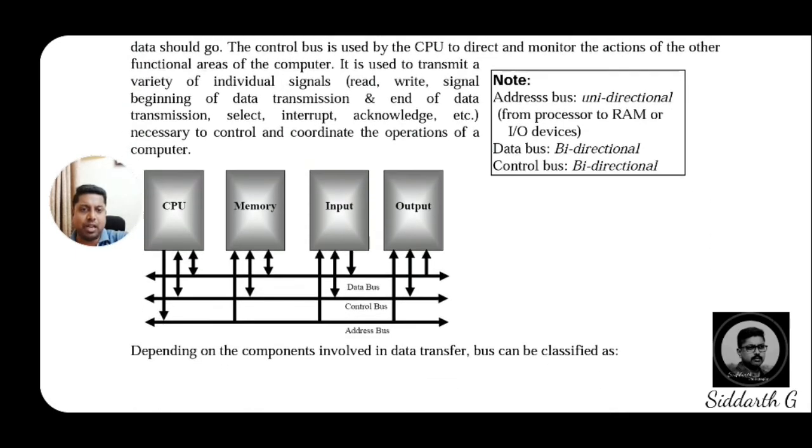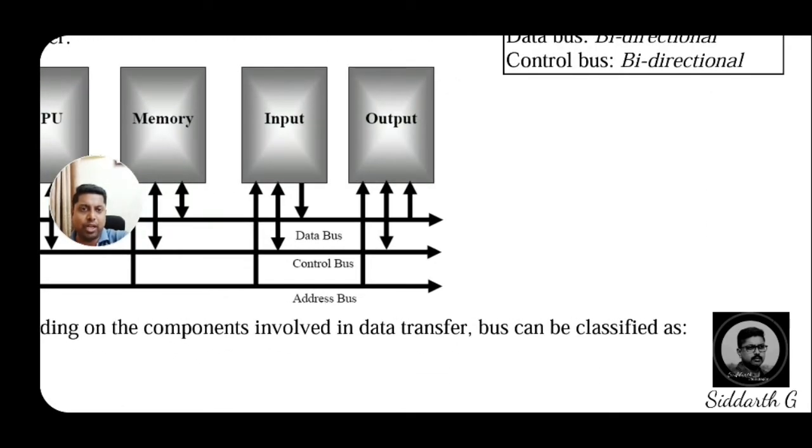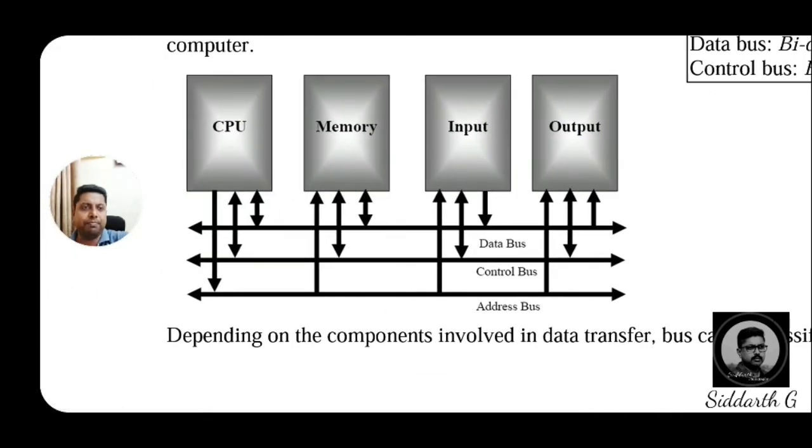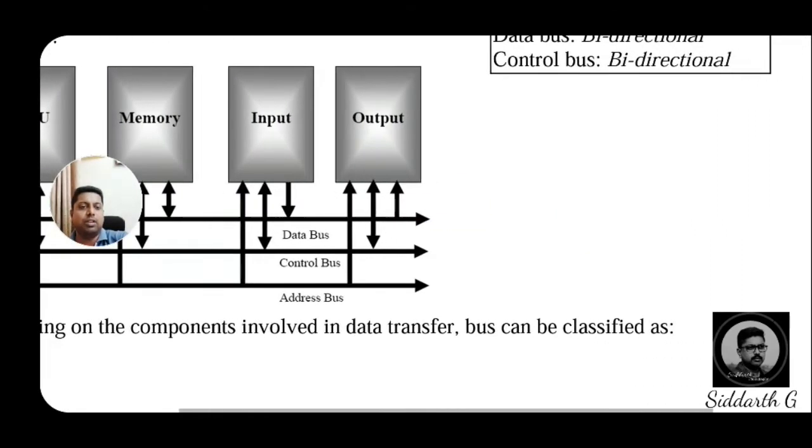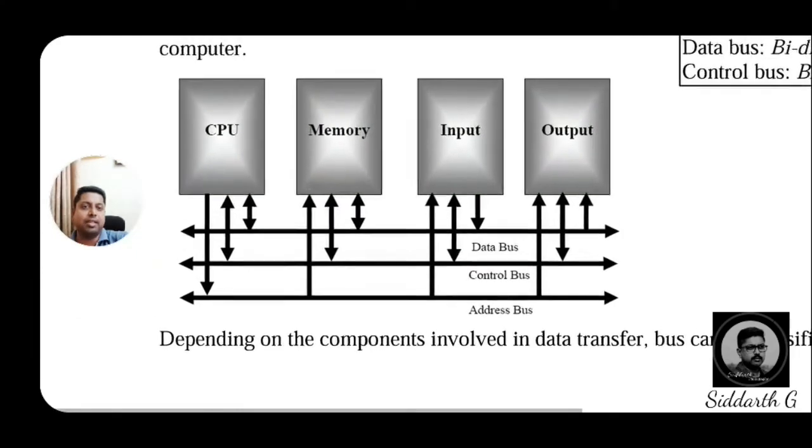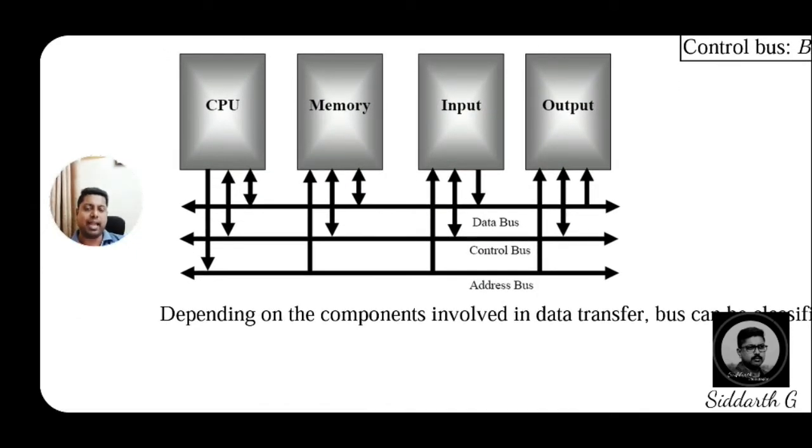If you are closely observing, this is a pictorial representation of data bus, control bus and address bus: CPU, memory, input and output. Depending on the components involved in the data transfer, the bus can be classified as you are observing. This is the diagrammatic representation for bus.